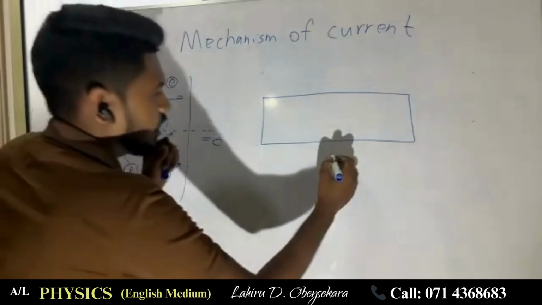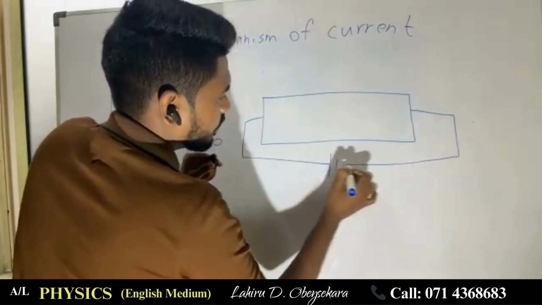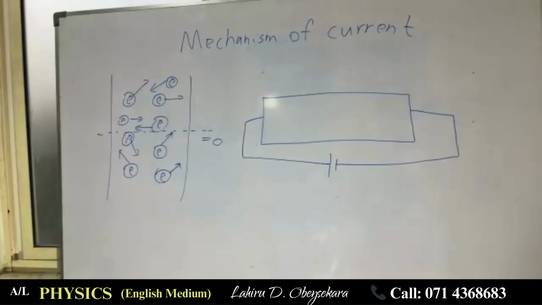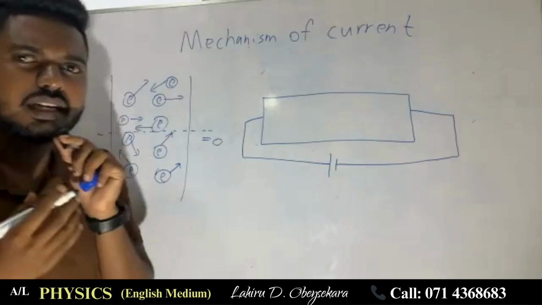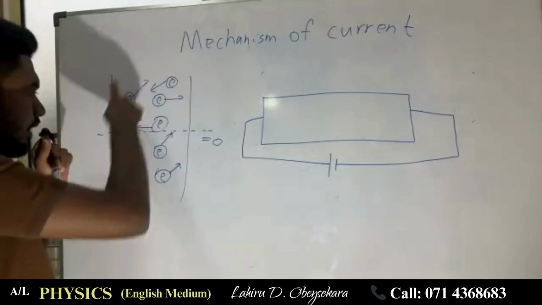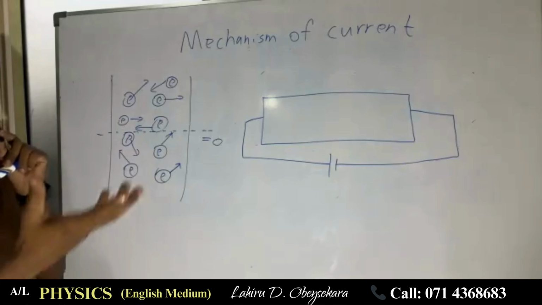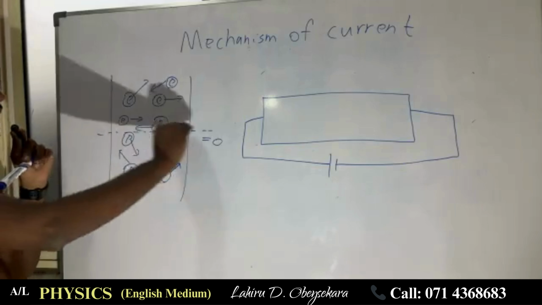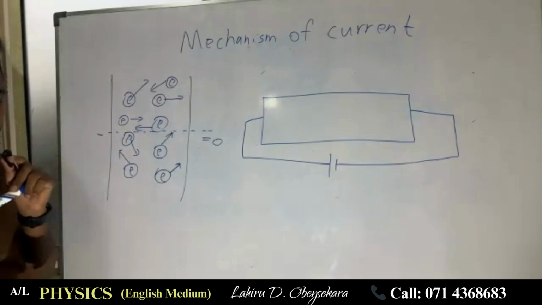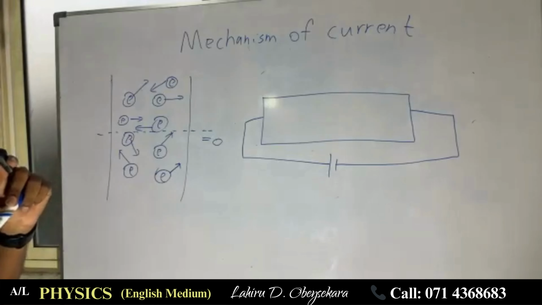Let's apply it like this. We know what happens if we apply a battery to a conductor. There is a current. At the initial position, the electrons have no unique direction. If we take the effective flow, it equals 0. But we apply a battery like this.